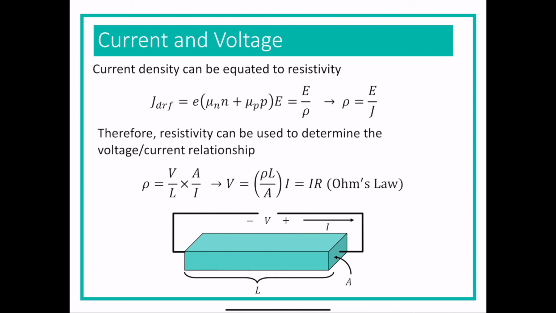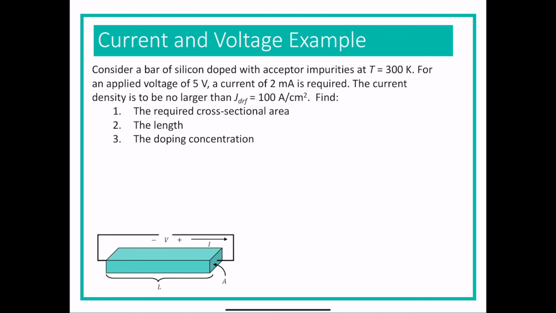So, second and final example, which you will need to know how to do. Let's say we have a bar of silicon and we know what the doping concentration of it is, and we want a current of 2 milliamps.